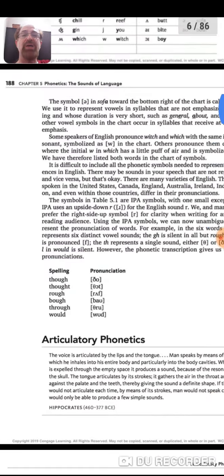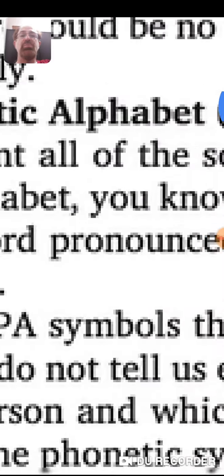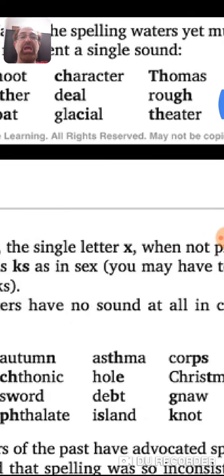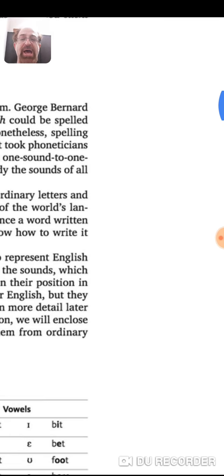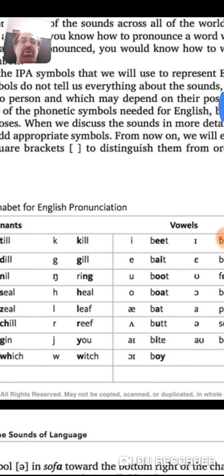Well, for the practice, go to page 187 and send these consonants to me.